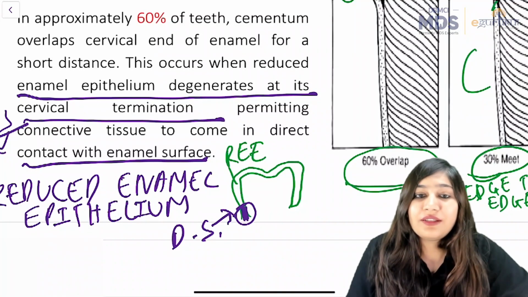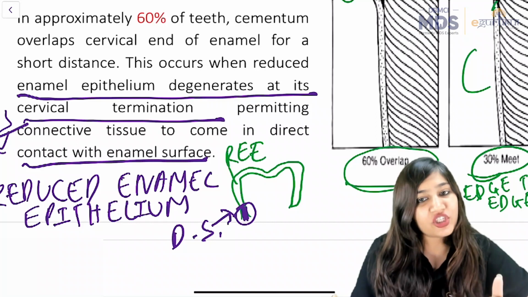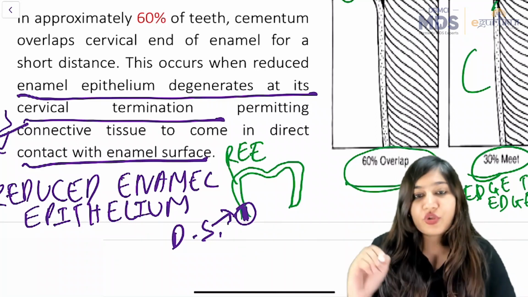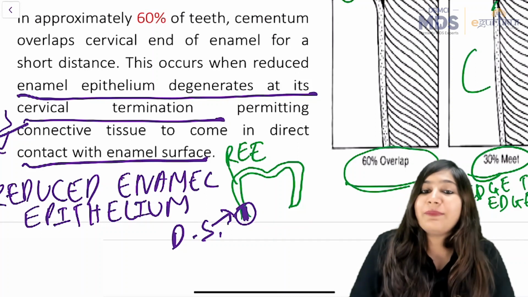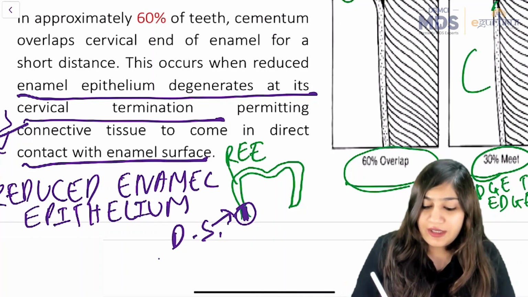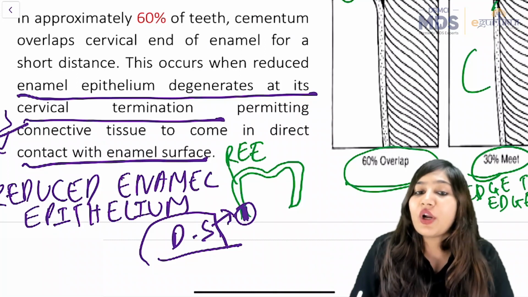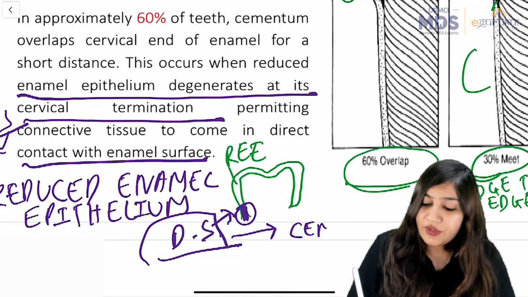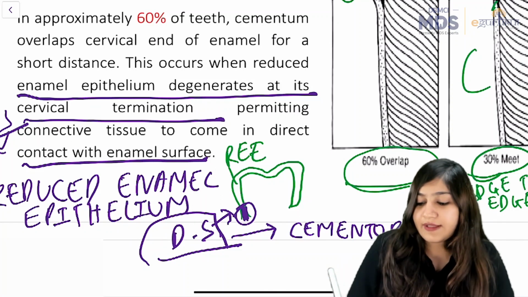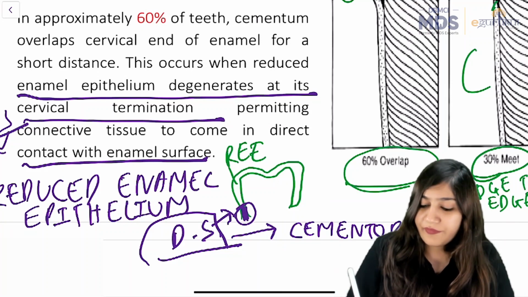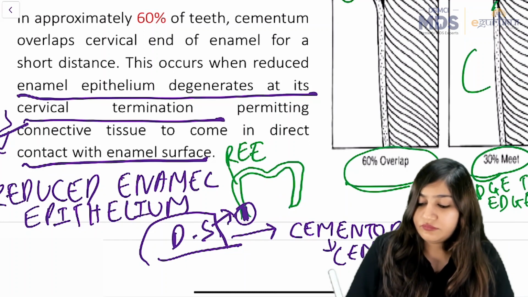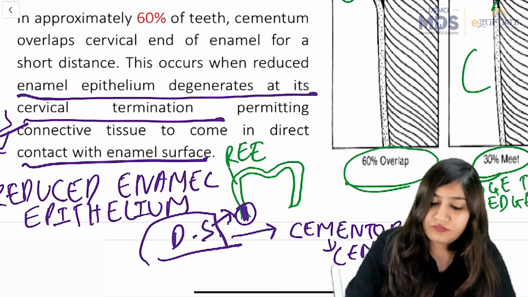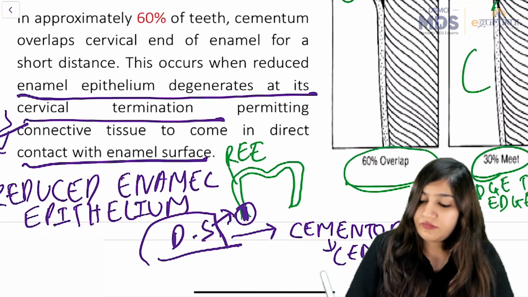So overlap junctions occur mainly because of retraction of reduced enamel epithelium at the cervical portion of the crown, because of which the connective tissue cells, that are our dental sac cells, come in contact with the enamel and they differentiate into cementoblast cells and form cementum. Right?